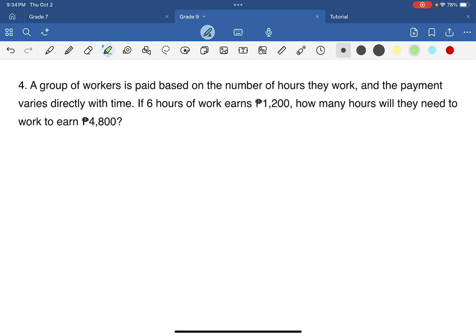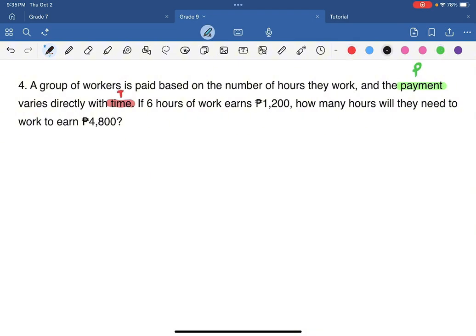So here, the payment is dependent on time. So instead of using y, we could write P for payment, and for time is T.